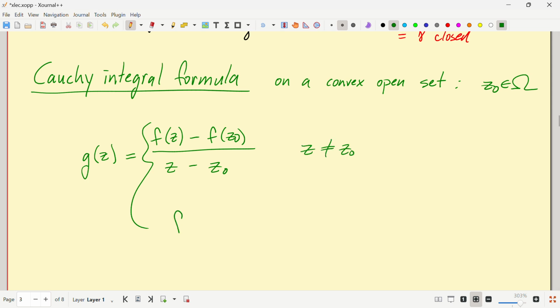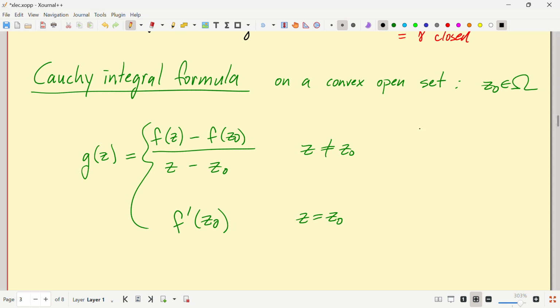And then f prime of z naught if z equals z naught. And now you've been wondering why the heck I have this stupid point p floating along, and it never interferes with anything we're about to do. This is the function like I've been saying we have. This is continuous on the whole domain.